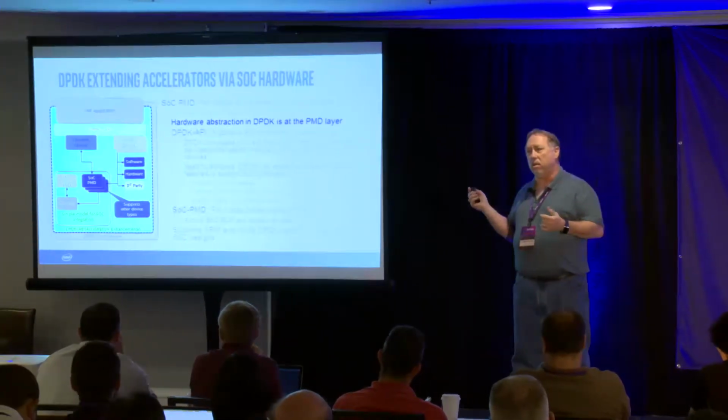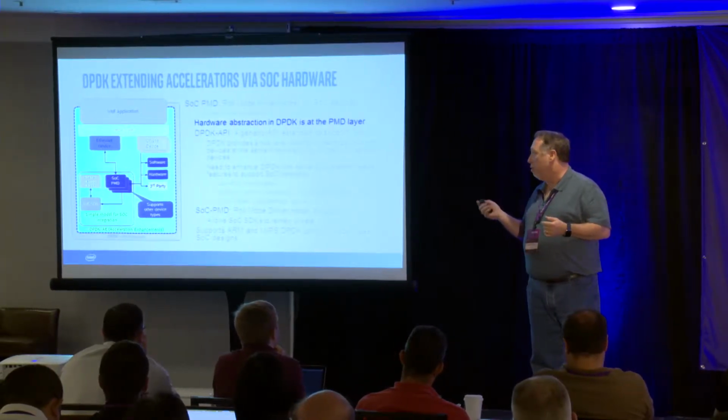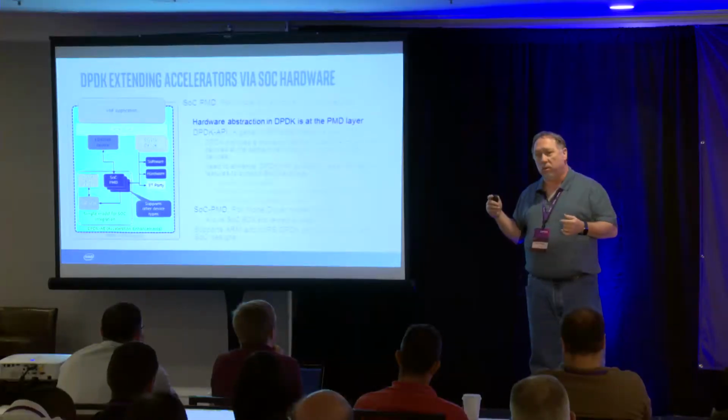Now, these devices are non-PCI devices, and that's one of the pieces we need to fix. They also have their own memory management system and their own hardware event-based systems. We need to support those models in the system as well. And in general, we need to support an event-based model in DPDK. Some people in the industry have done that, but it's not something you can pick up from dpdk.org today.